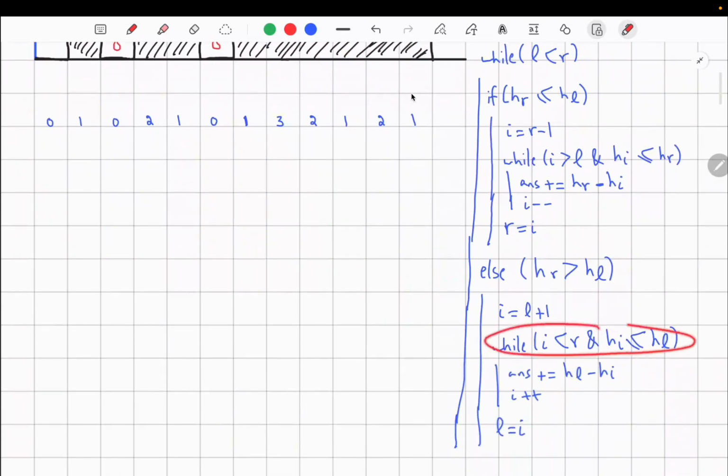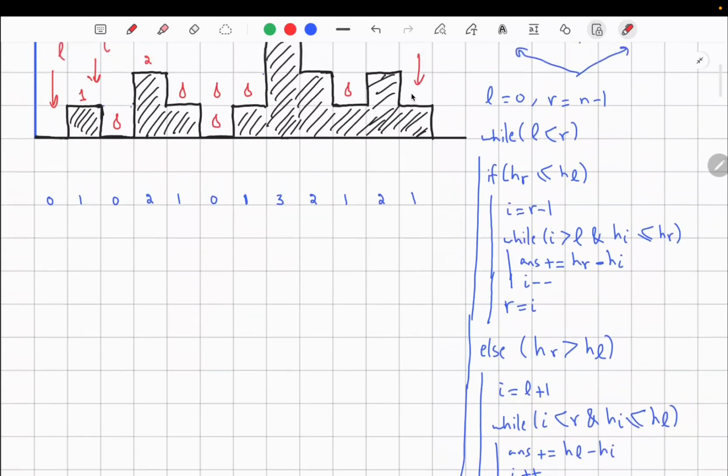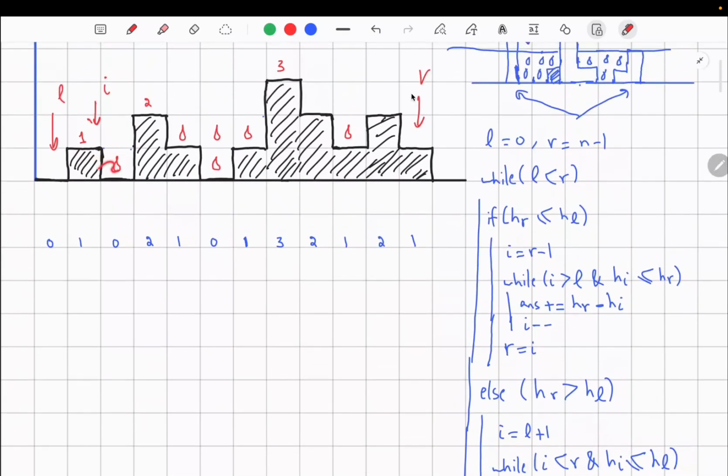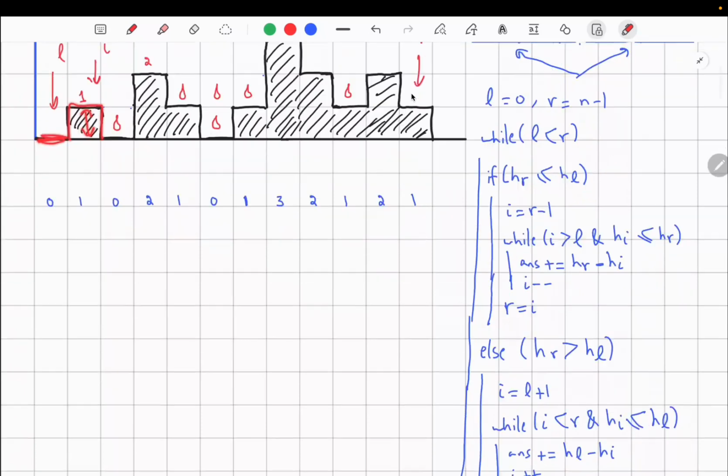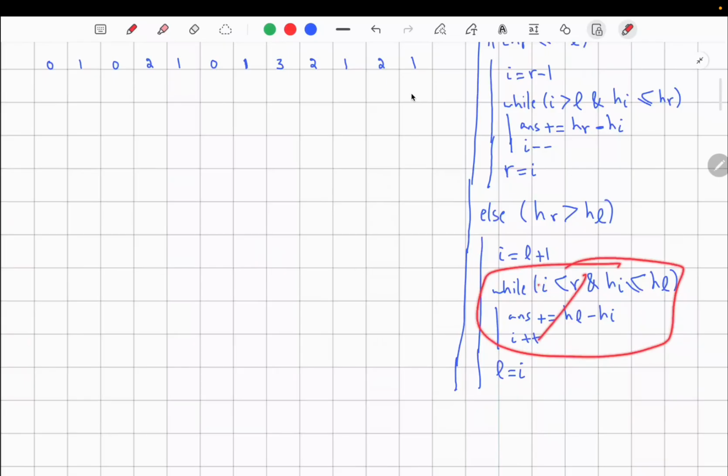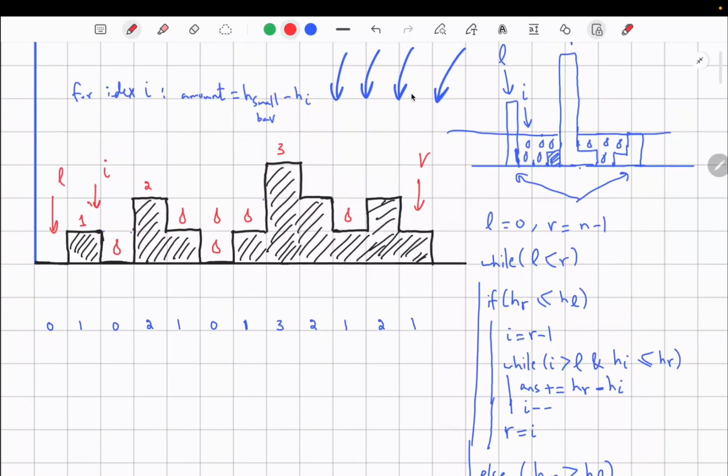And while i less than r, okay, it's correct. And h i less than h l? This is h i, it's equal to 1. h l is equal to 0. So we will not enter this while. We will immediately come here. So l equal to i. So this algorithm immediately skips the bars with the heights which are equal to 0.